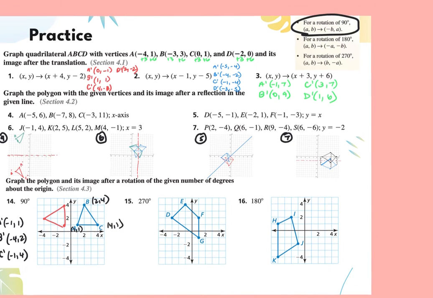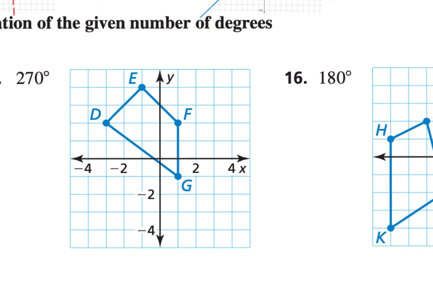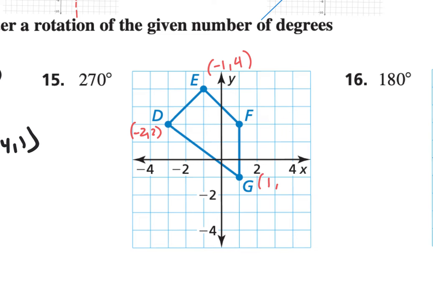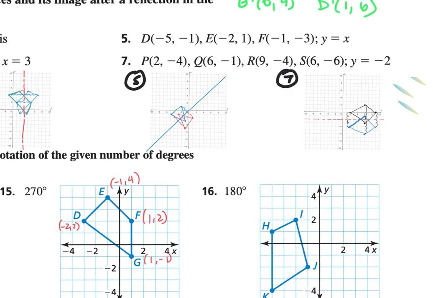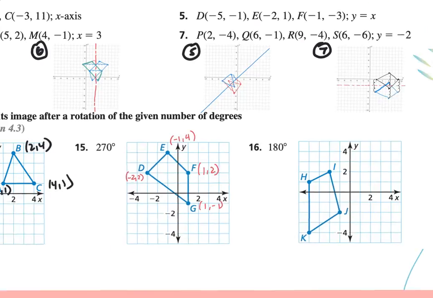For 15, it's 270, and 270 we switch and we change the sign on the new y, which was the original x. So if this is negative 1, 1, 2, 3, 4, negative 2, 2, 1, negative 1, and 1, 2. Again, we're going to switch and change the sign after we switch on the second one.